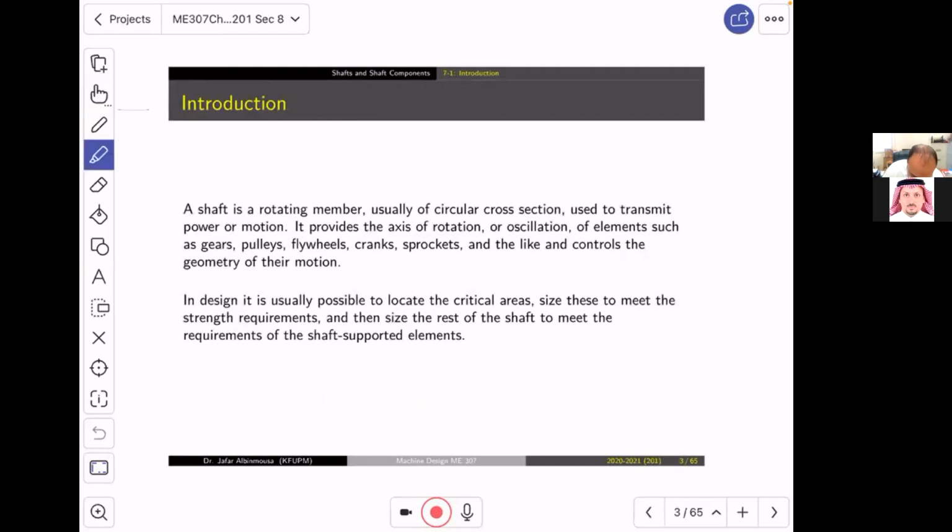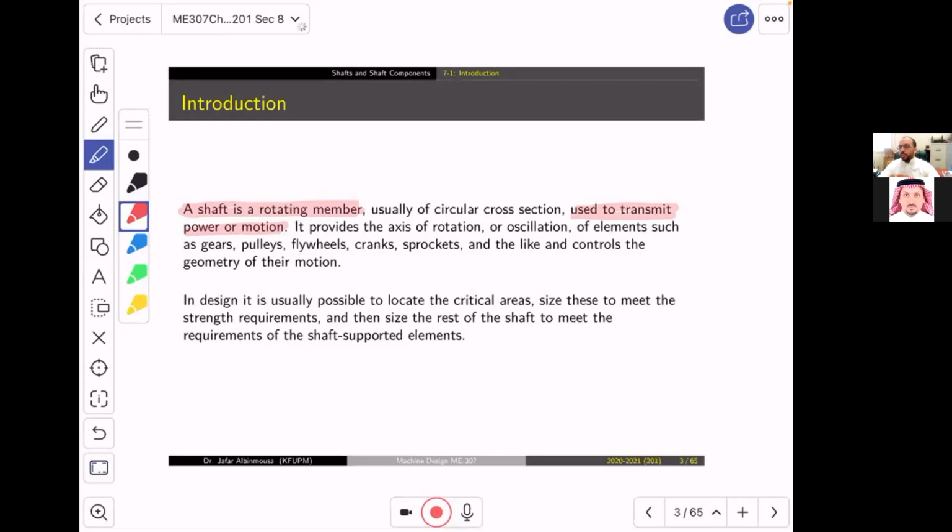So what I want you to understand from this is that, this is the definition, shafts are rotating members. They are usually circular, and most of the time, they are used to transmit power or motion. And what you should understand is that shafts are not necessarily uniform.